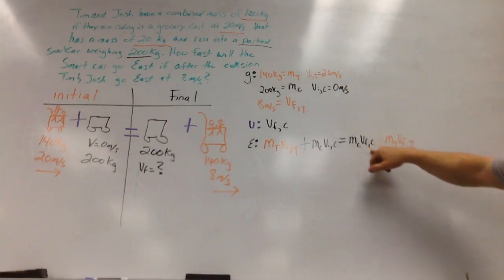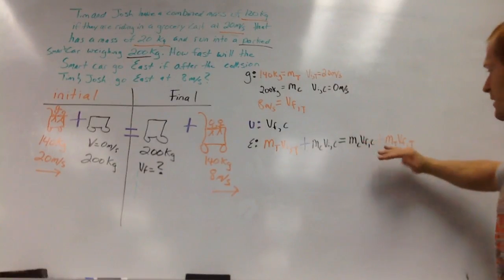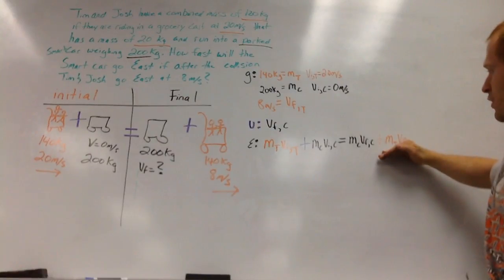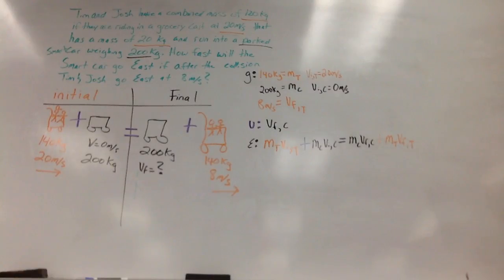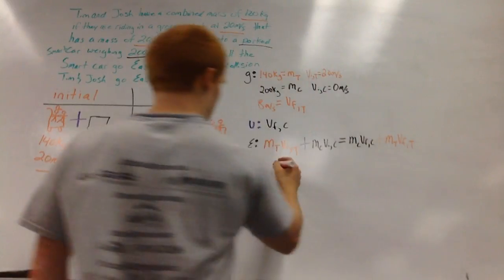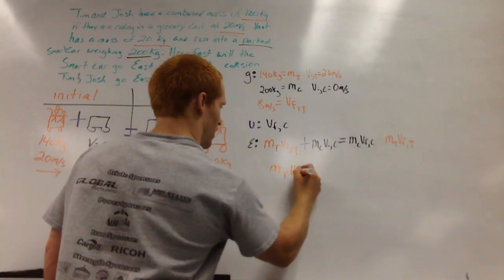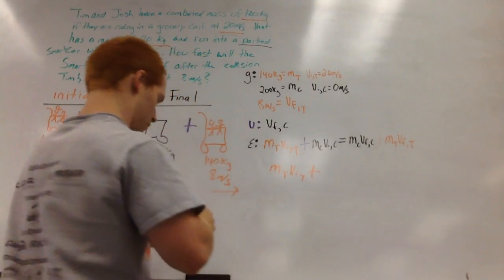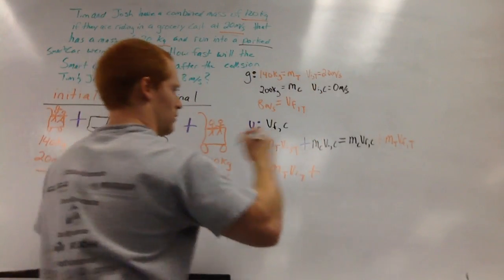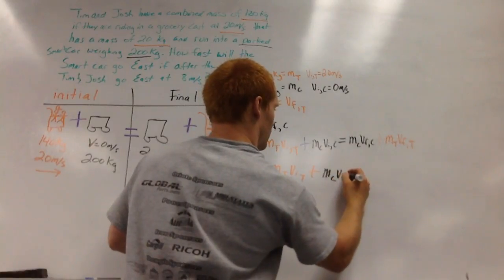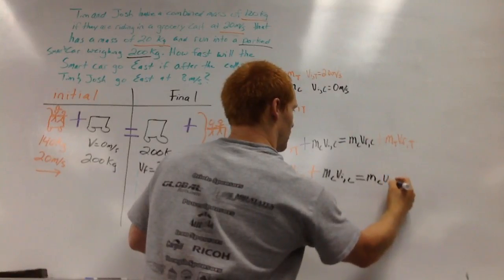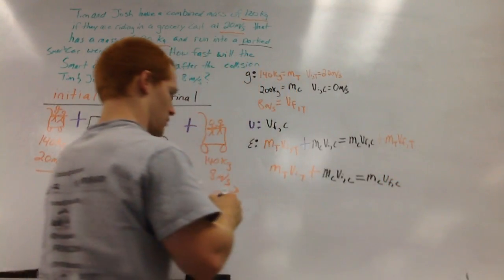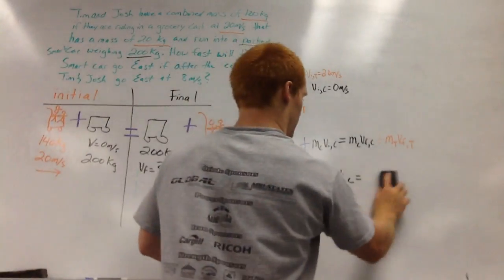We are solving for the final velocity of the car, so we're going to subtract this side first, the MT VFT, and then we're going to divide by MC, because we're going to do PEMDAS backwards. So first subtract, then divide. So we're going to have MT VIT plus MC VIC equals MC VFC. Sorry, we're going to subtract.